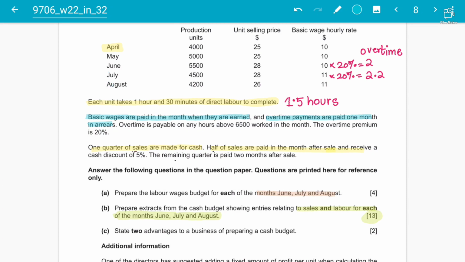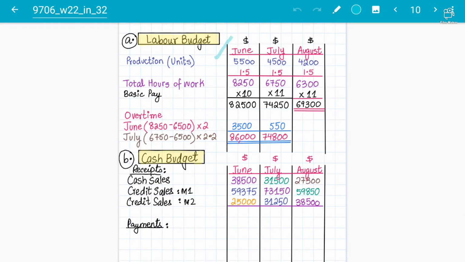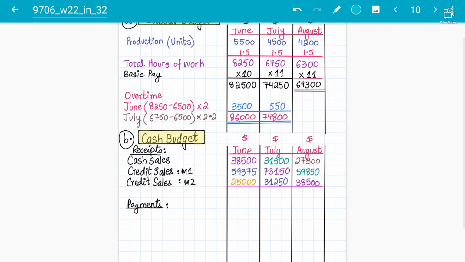I'm going to explain a couple of parts as well, so don't worry. The problem that students usually face is this: this is the labor budget, which is the cost of the labor. What will be the cost incurred? What will the labor expenses be in June, July, August? When you are paying the labor is a completely different thing that comes in the cash budget. So the first important thing students need to understand is the difference between the labor budget and the cash budget.